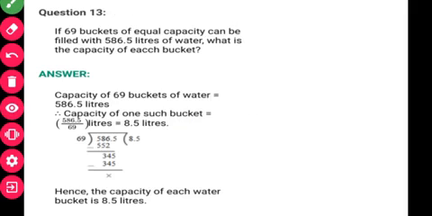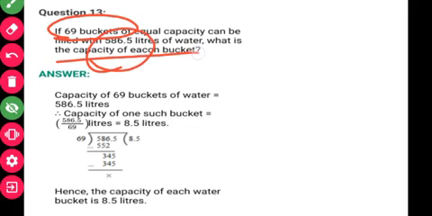Question number 13. It is given that 69 buckets of equal capacity can be filled with 586.5 liter of water. What is the capacity of each bucket?